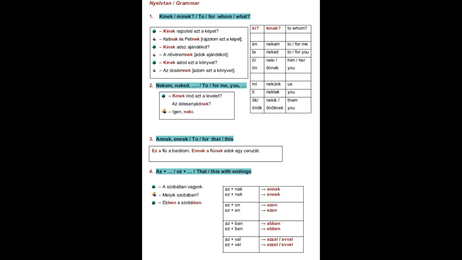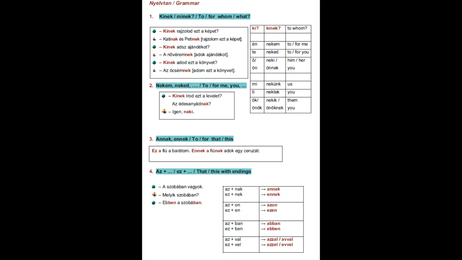All right, let's continue on to section 3. Harmadik rész. Annak, ennek. To or for that and this. Okay? In section 4, if you look down, you can see az and ez.